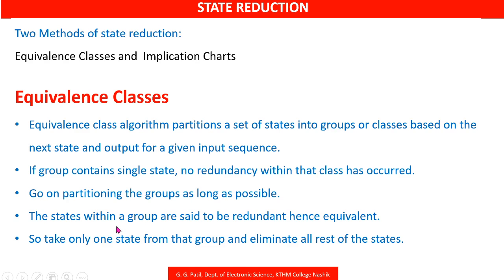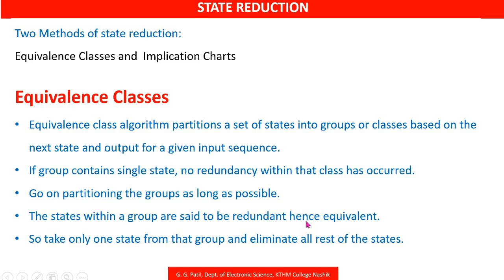The states which come under the same group are said to be redundant and hence equivalent. If there are two states in that group, those two states are equivalent, and we replace them with a single state.